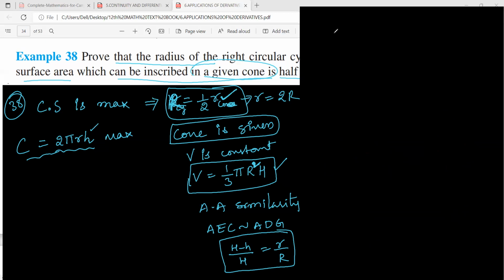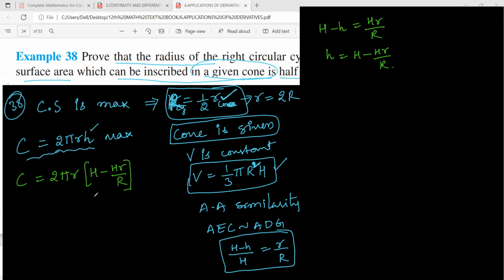So take this capital H on that side: H minus h is equal to hR by capital R, and then we want small h, that is capital H minus small hr by R. This is the thing. Therefore, finally C is 2 pi r into H minus hr by capital R. Understand?